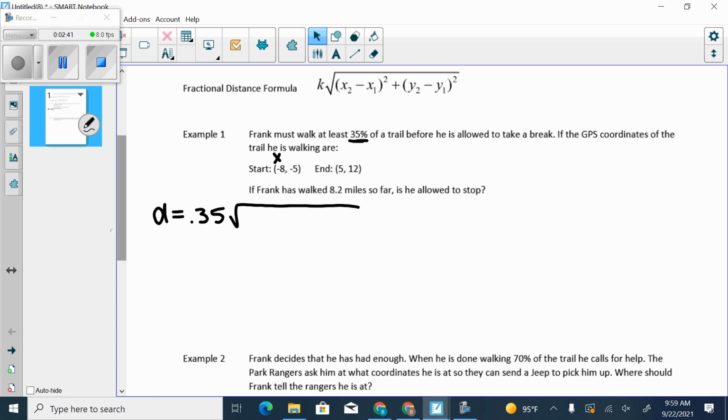So this is my start point, or my x1, y1, and this is my end point, or my x2, y2. Okay. So when I have those in my parentheses, x2 minus x1 is going to be what? Very good. Squared. Plus, what's my y2 minus y1? Very good.